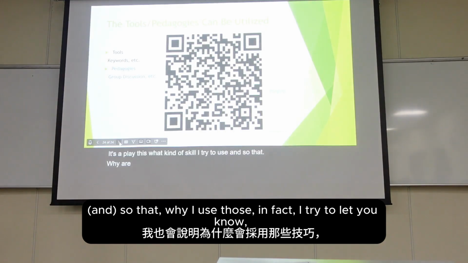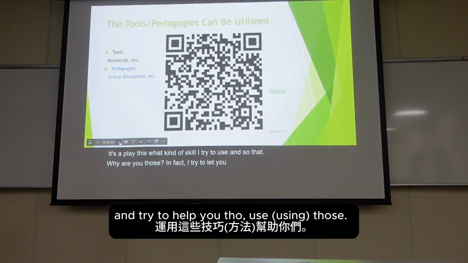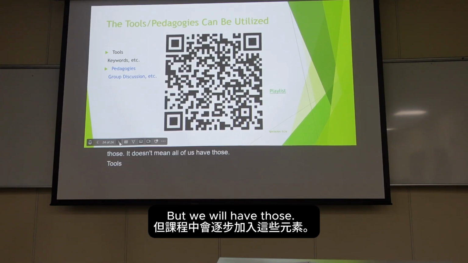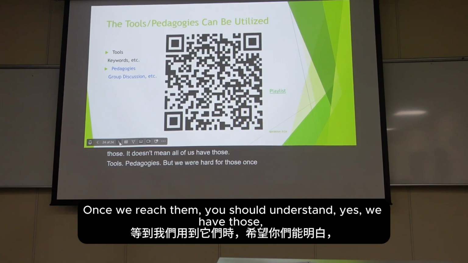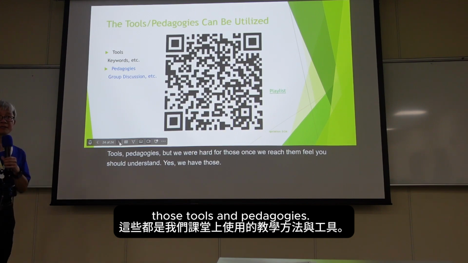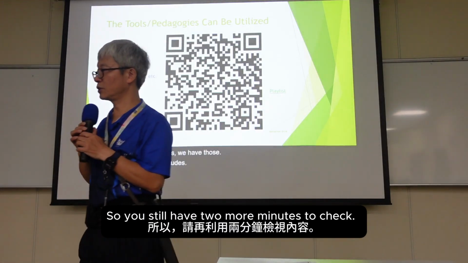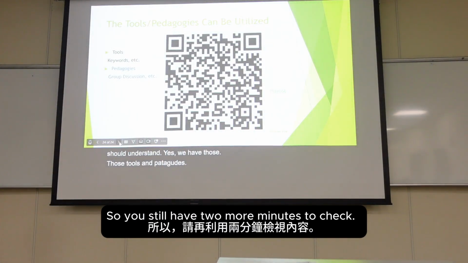In fact, I try to let you know and help you use those. It doesn't mean all of us have those tools and pedagogies yet, but we will have those. Once we reach them, you should understand, yes, we have those tools and pedagogies. So we still have 2 more minutes to check.